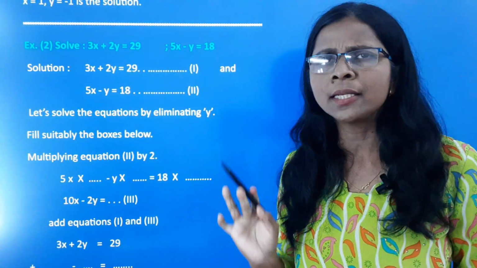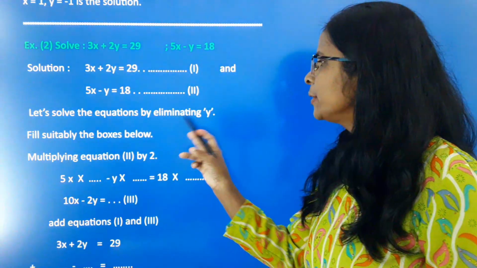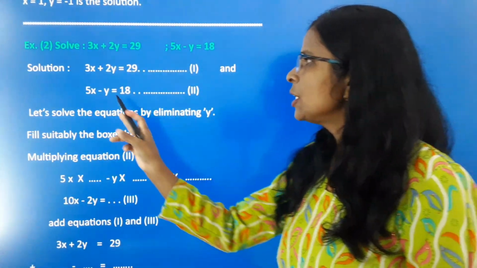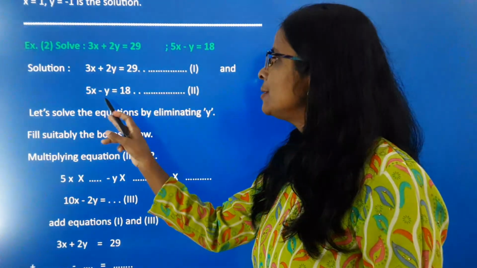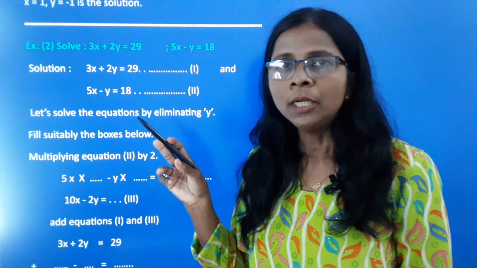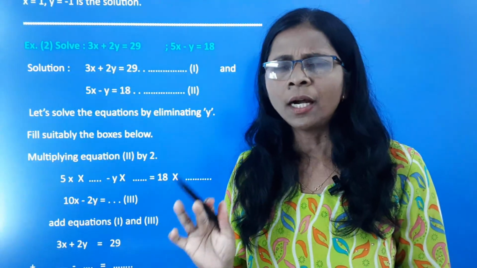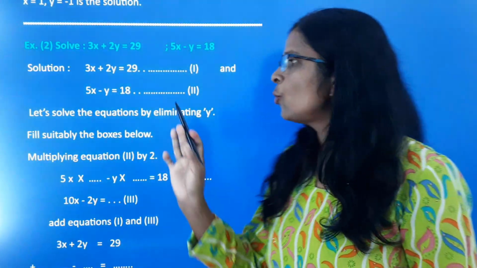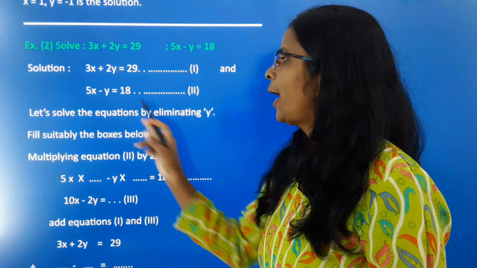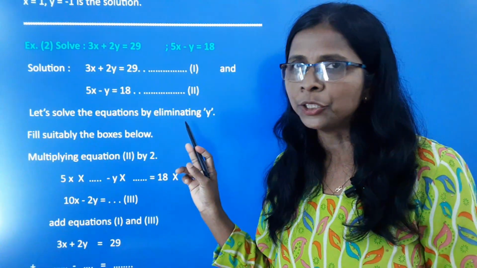And in this example, we eliminate y. Because here in the second equation, the y does not have a coefficient other than 1. So we choose y for elimination purposes.